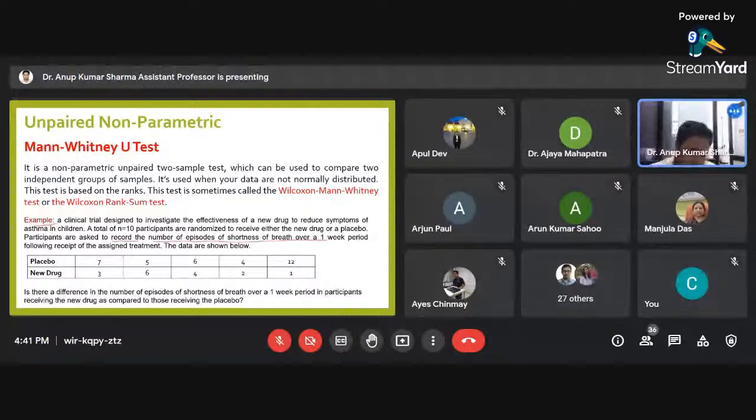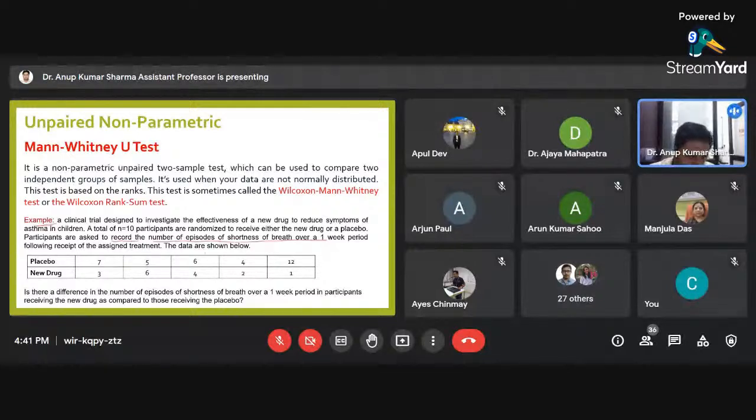You see the placebo values 7, 5, 6, 4, 12 are coming, but we cannot believe in this type of drug, the placebo. The new drug is scientific, so you can see the effect. Such data is assumed not to follow the normal distribution.